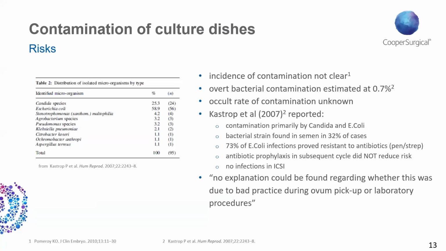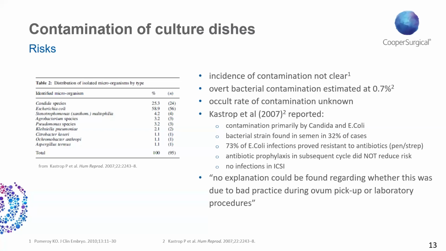You can see this paper published a number of years ago now in 2007, but it reported that there were cases of contamination at around 0.7%. They were mostly Candida and E. coli. These were bacteria that were found in the semen samples, mostly of the patients that were coming forward.